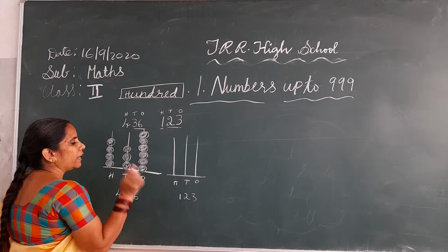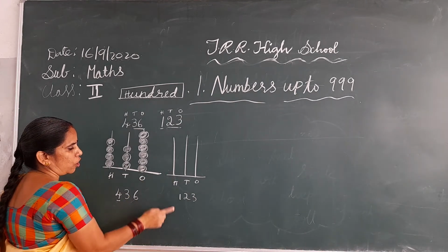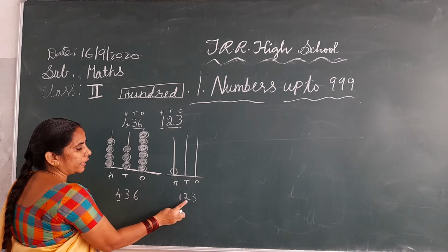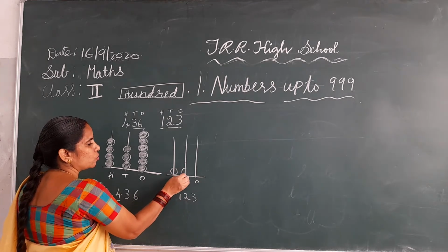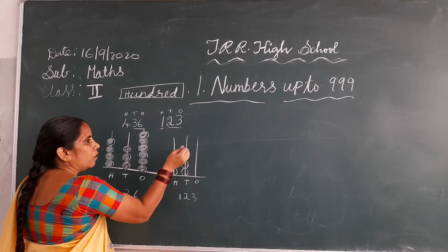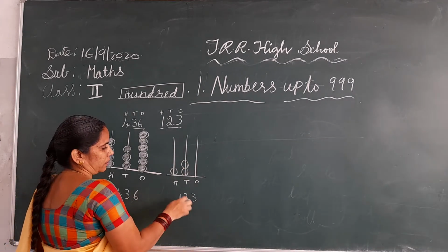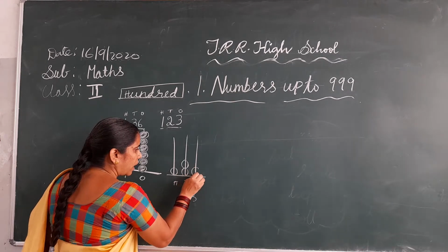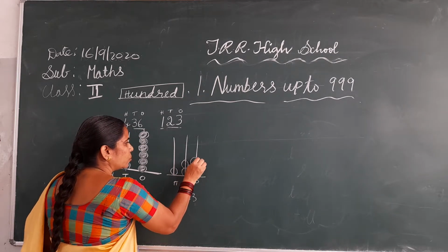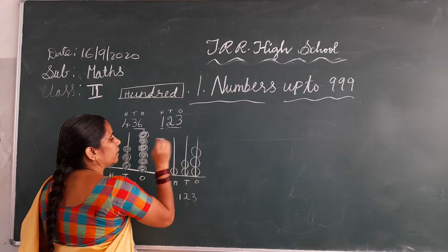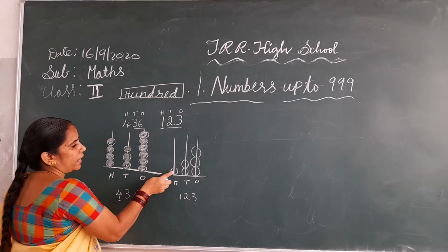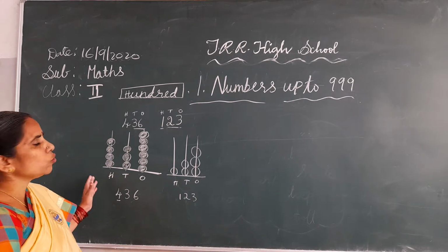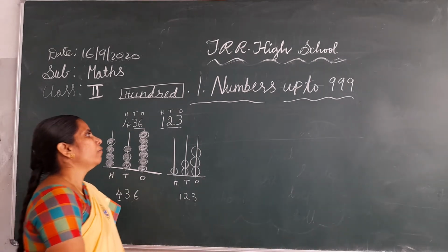In the 1, 2, and 3. So what is it? 123. Already you all learned how to put the number on the abacus frame.